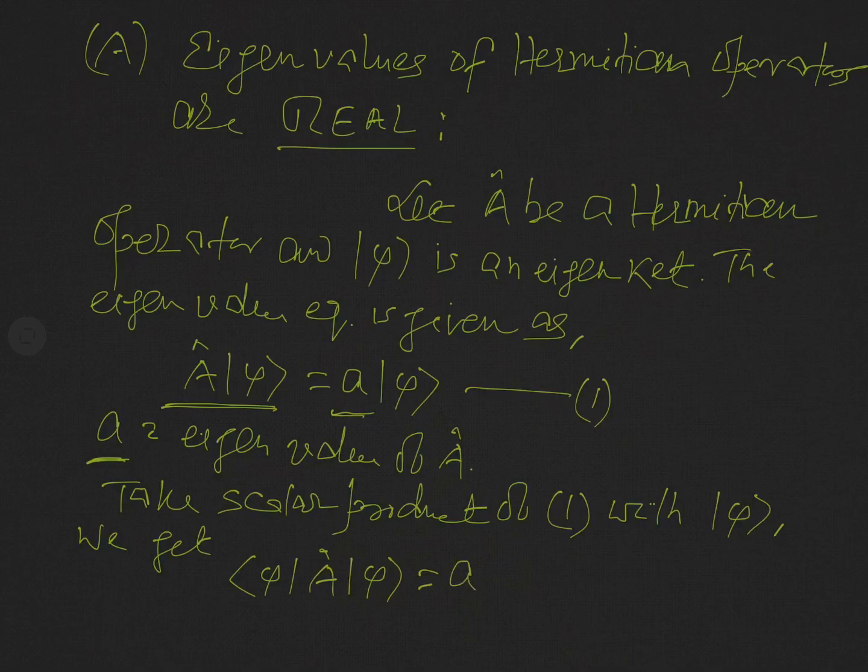So this is a <phi|phi>. Say this is equation number 2. Now we have to prove that a is real always. So for this there will be some mathematical steps. First of all, we take the complex conjugate of this equation 2.